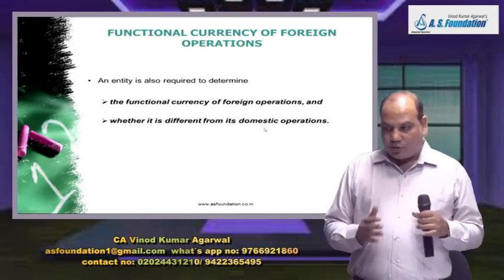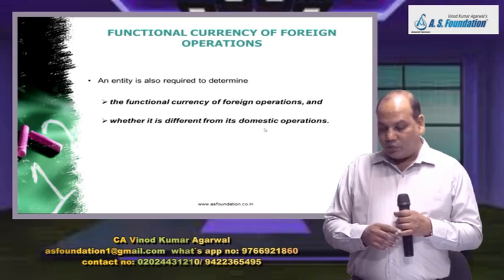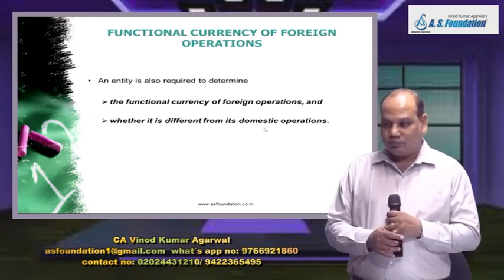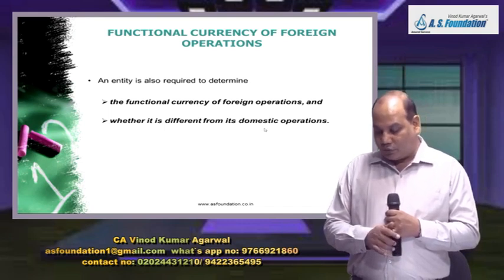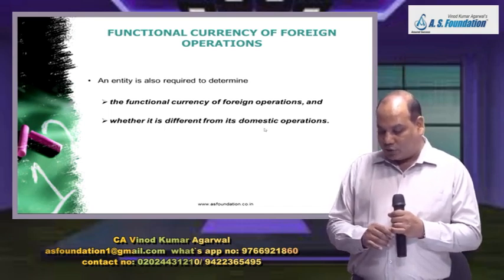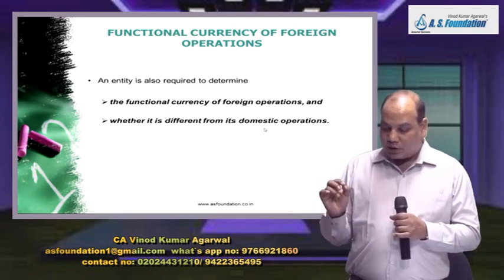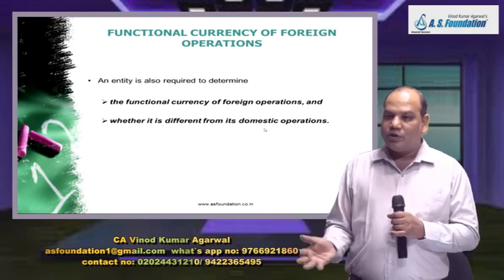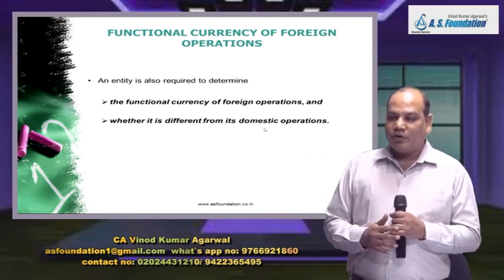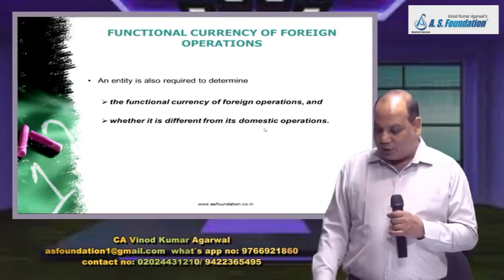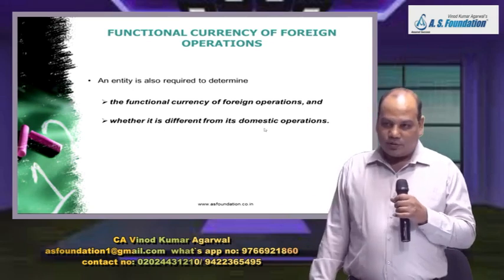So this is about the reporting entity. Now we'll discuss the functional currency of a foreign operation. What would be the functional currency of the foreign operation? The standard says the functional currency of the foreign operation can be the same as that of the reporting entity, or it can be different from the reporting entity.